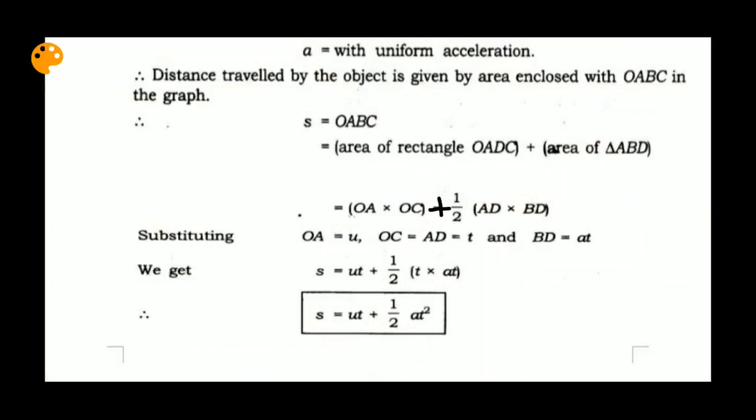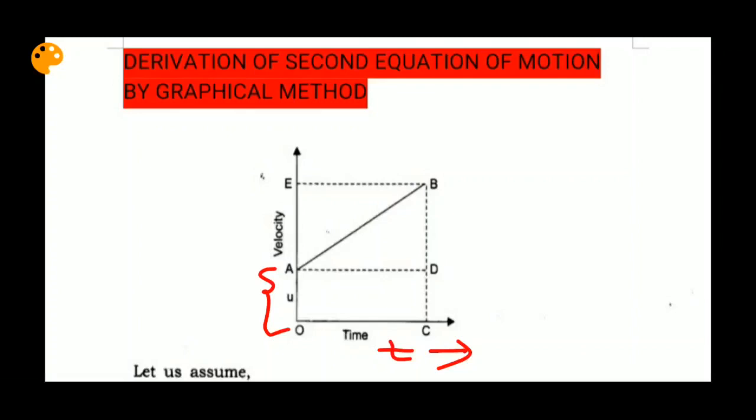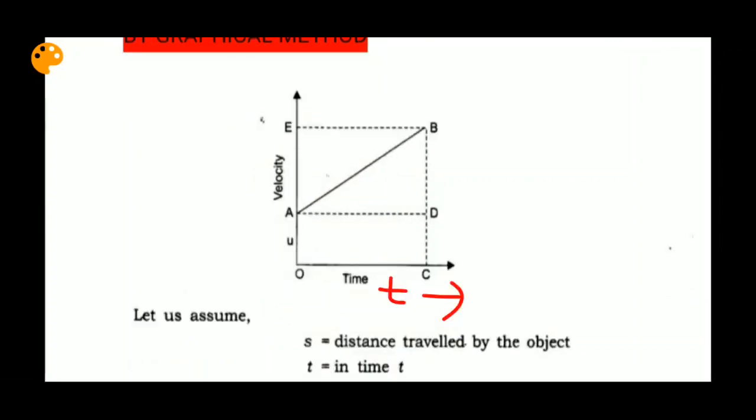Now substituting the values from the graph, we know that OA is the initial velocity, which is u, and OC is the time taken, which is t. Since AD is parallel to OC, in place of AD also we will write t.